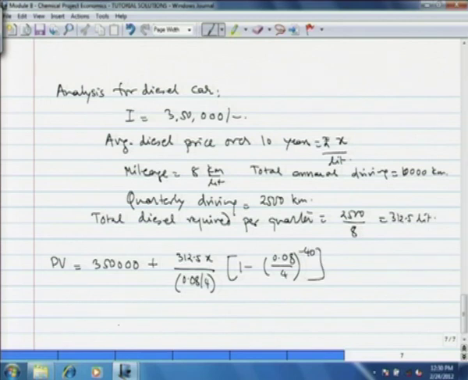So, this turns out to be 3,50,000 plus 312.5 X into 27.355, which is equal to 3,50,000 plus 8548.44 into X. Now, we have to find out X at which both of the cars will be economically at par.